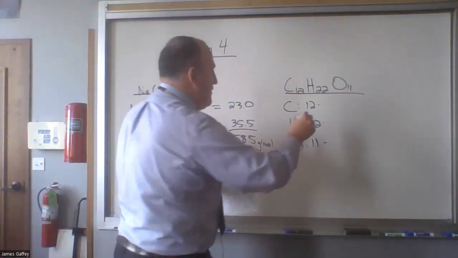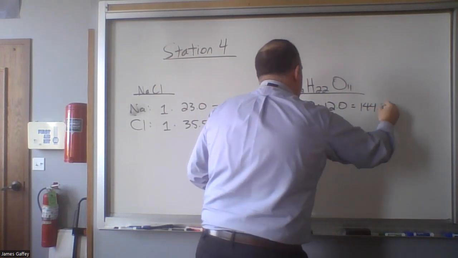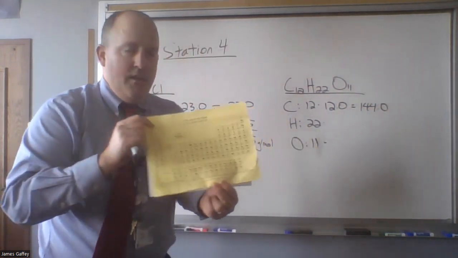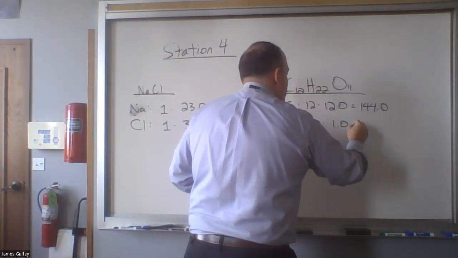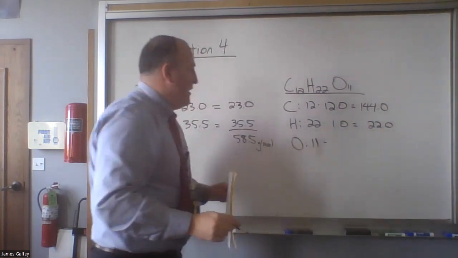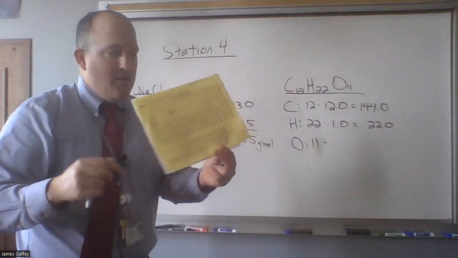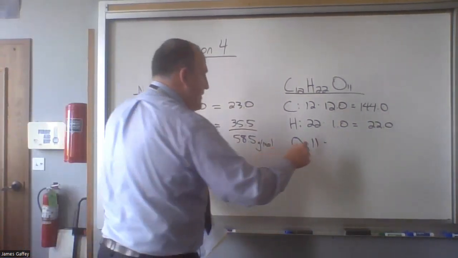The atomic weight, if you round it to the 10th place, is 12.0. Hydrogen, upper left corner, atomic weight of 1.0 if you round it to the 10th place. We have 22 of those. That rounds to 22, calculates to 22. And oxygen, rounded to the 10th place, is 16.